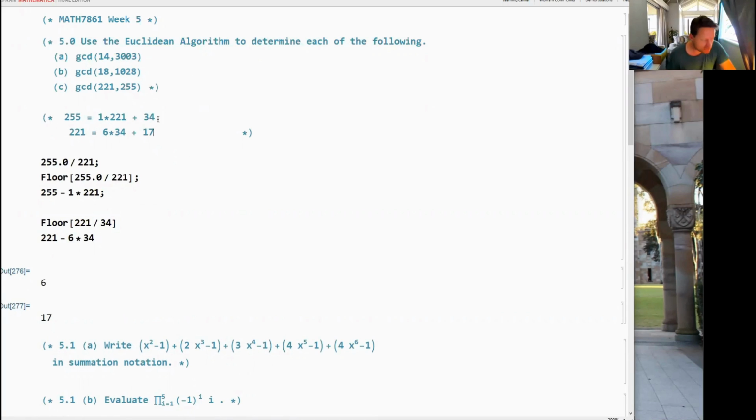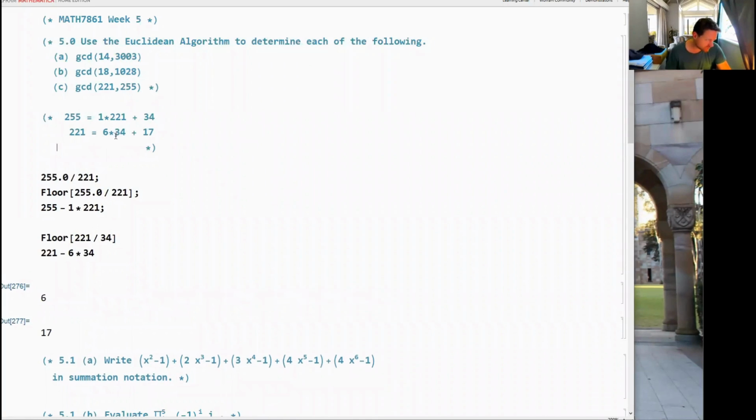We're nearly done. So what we do now is take this 34, that was the previous remainder, and put that on the right-hand side. And we have equals, and then something times 17 plus something else.